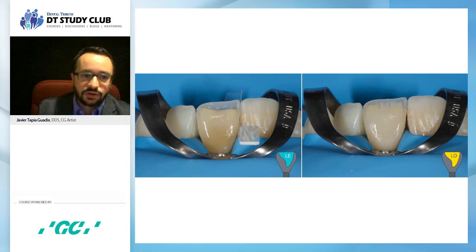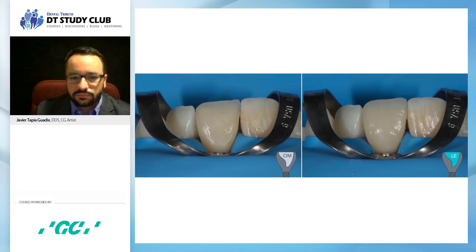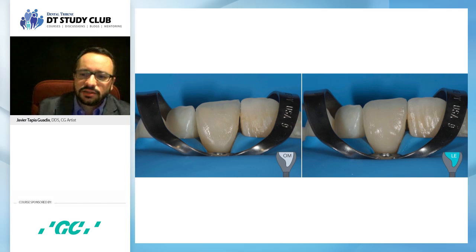We are adding a very whitish shade on top of a very dark shade in order to have a final result. Then we add the opal just in the incisal area here. We just added in the incisal third the opal modifier, and finally we cover with the light enamel.